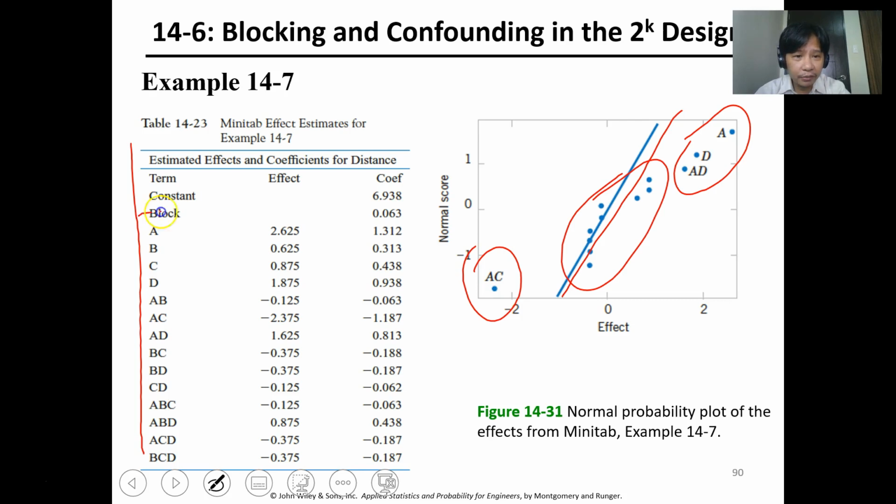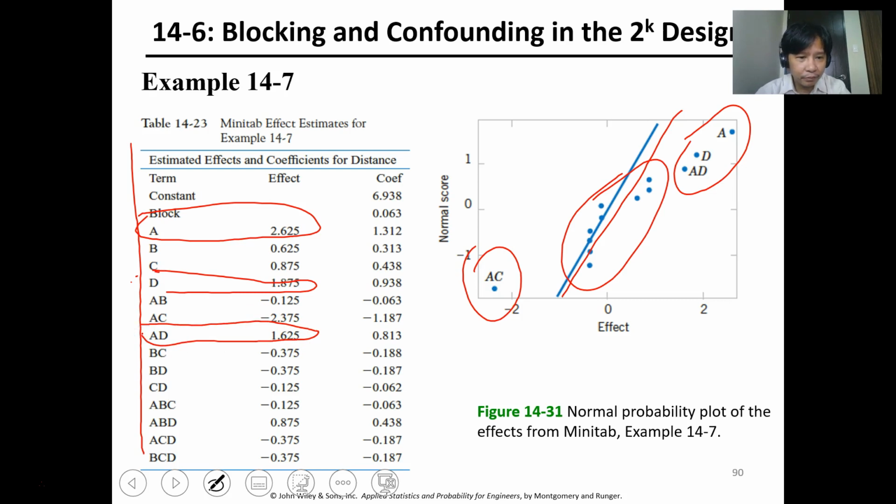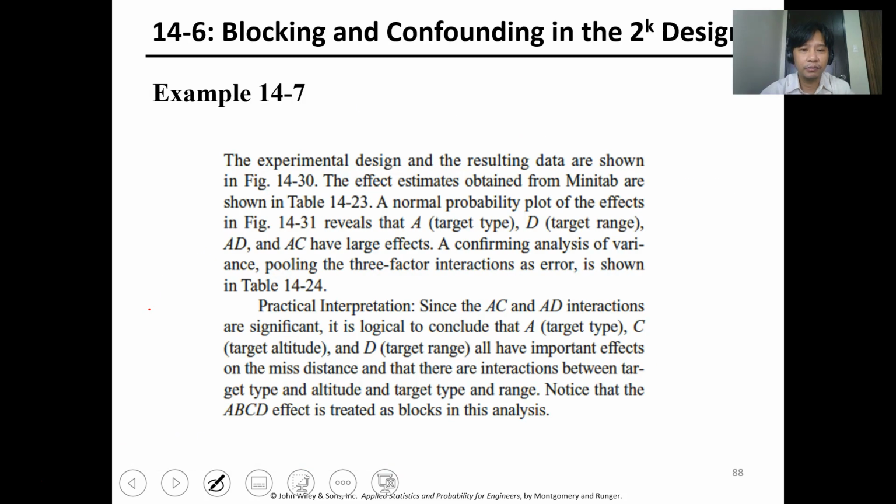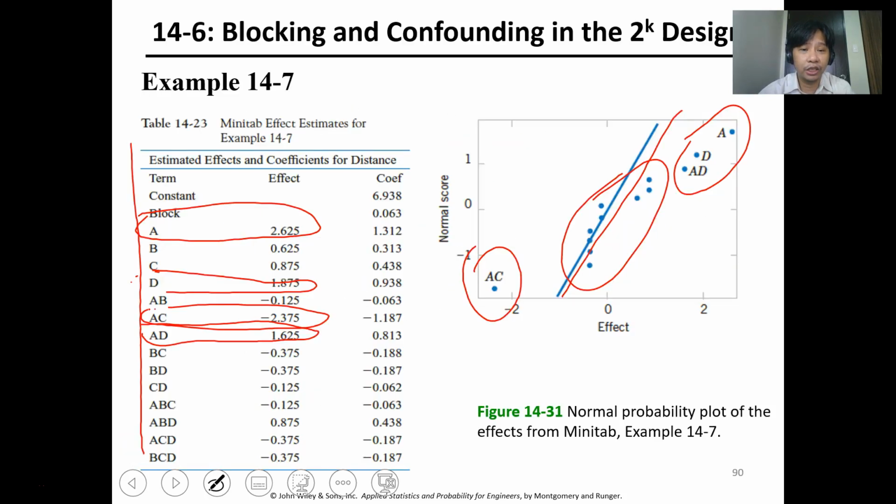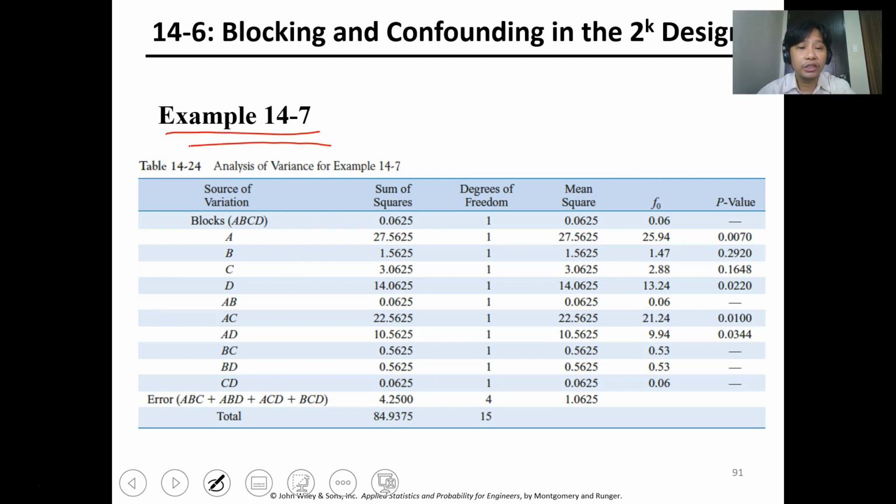So let's look at the effects. A, yes, it has an effect. D is also high. AD is also positive. And AC is also high, though its effect is negative, so it is on the other side. Now, a confirming analysis of variance pooling the three-factor interaction as error is shown in table 14-24. Looking only at the alpha, A is high, so it has an effect. B, none. C, none. D is okay, at 0.02.